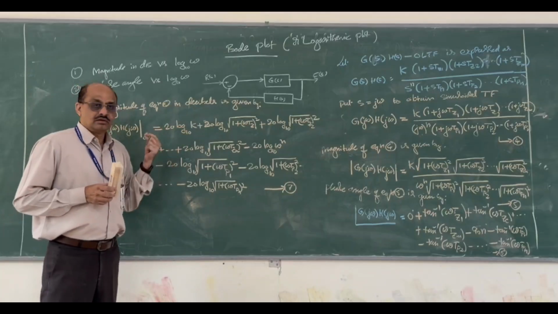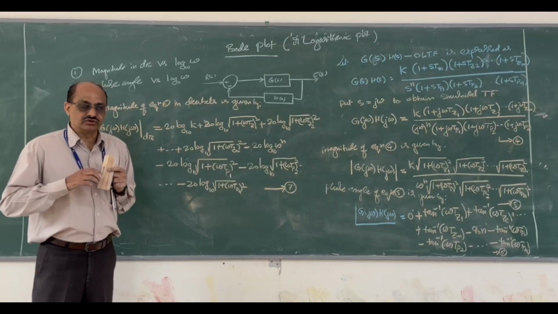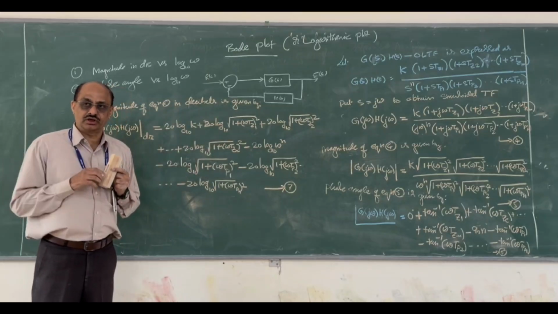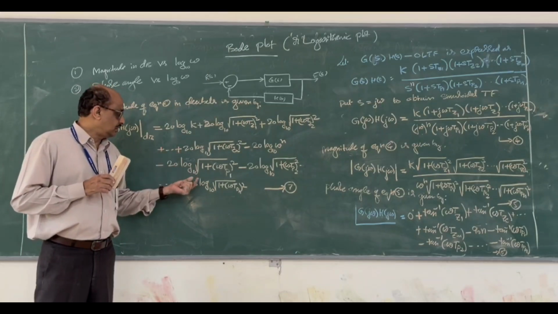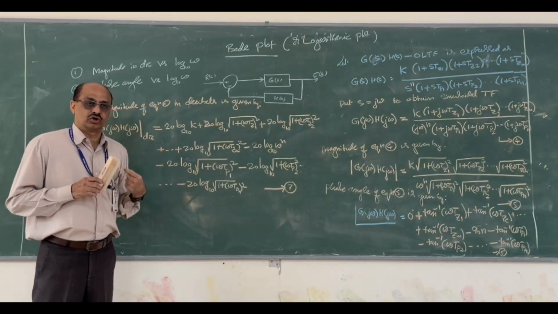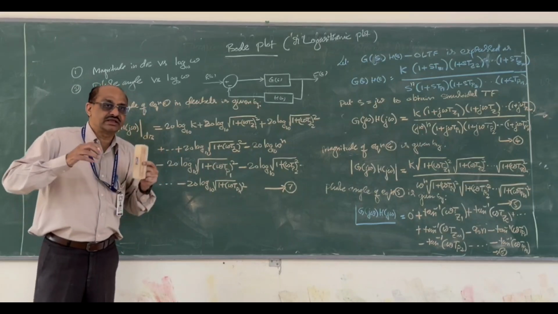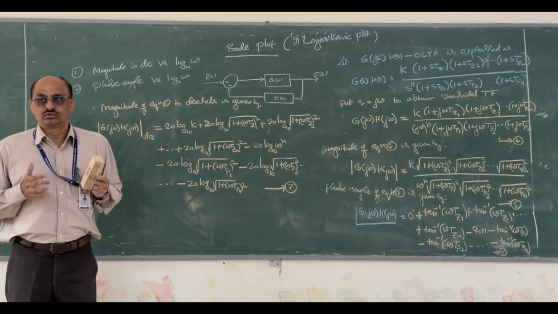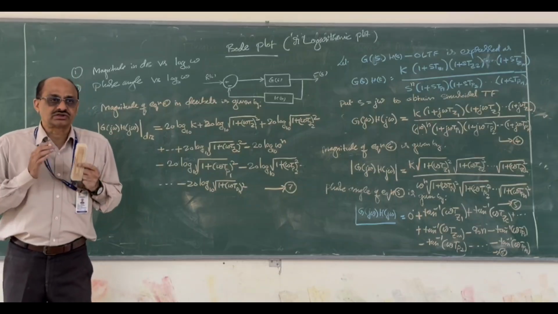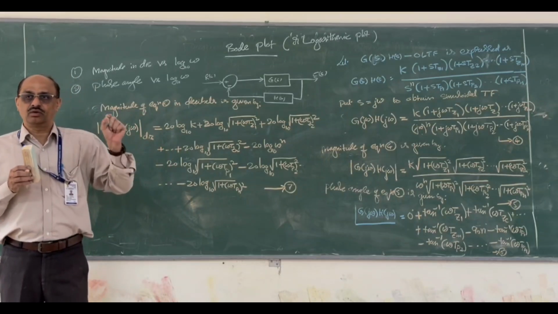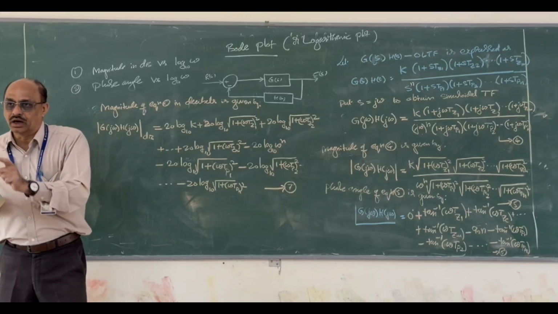The constant, the zeros, the poles and the pole at origin can be drawn individually and added together to form a sketch of magnitude in decibel versus log omega.